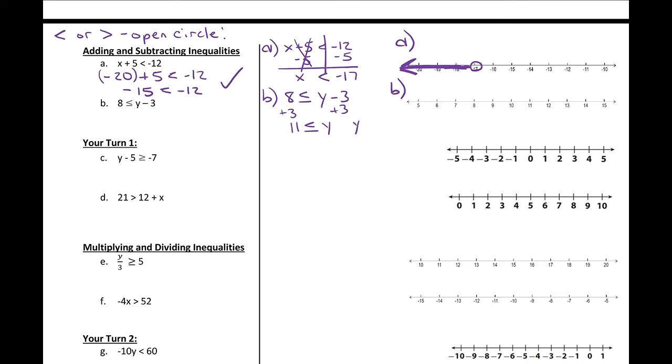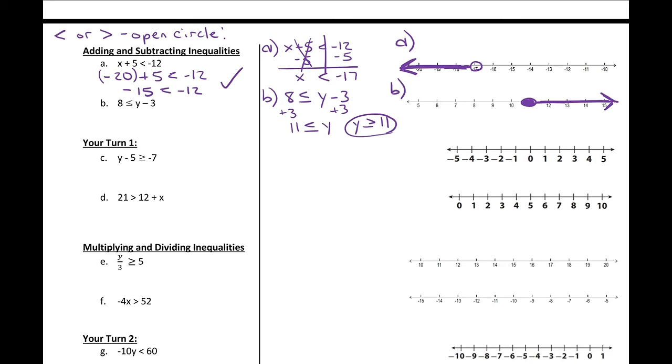So we're going to write this as y is greater than or equal to 11. We're going to put a closed circle here at 11 because we're saying that we're including 11. It can be greater than or equal to 11. And then we're going to shade to the right. Okay, take a minute, pause here, and then do your turn 1, C, and D.